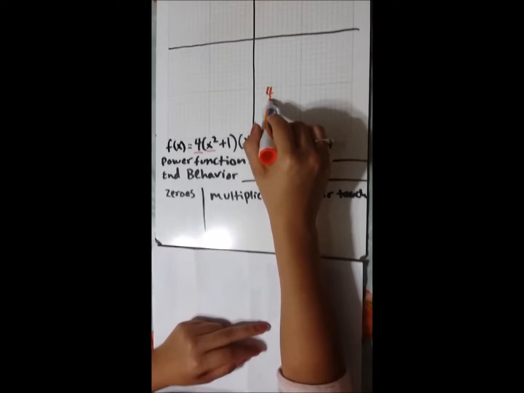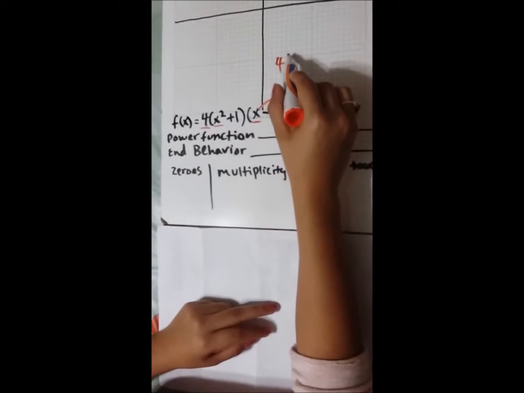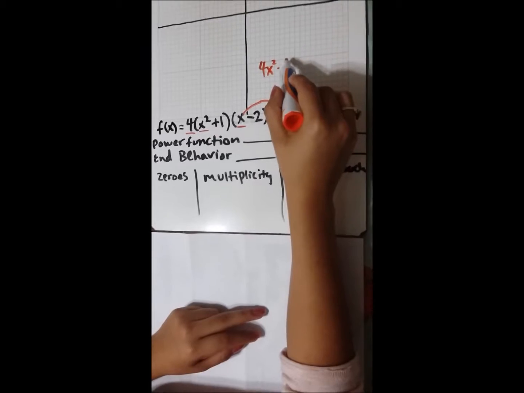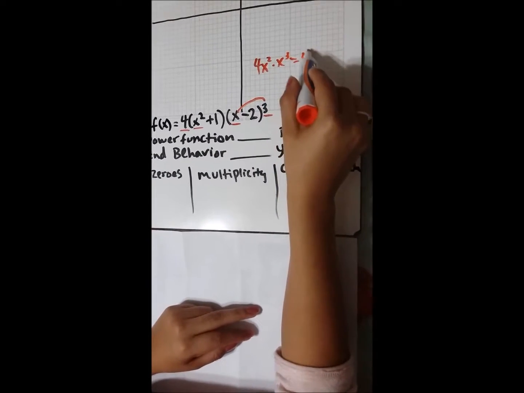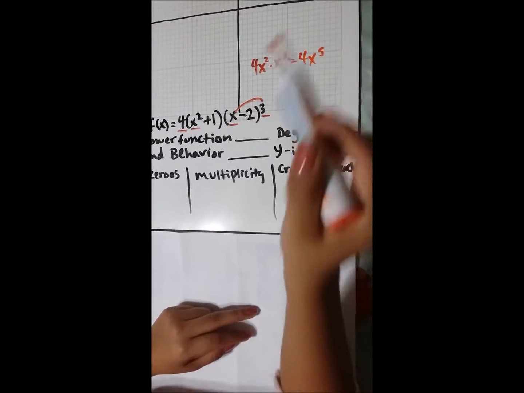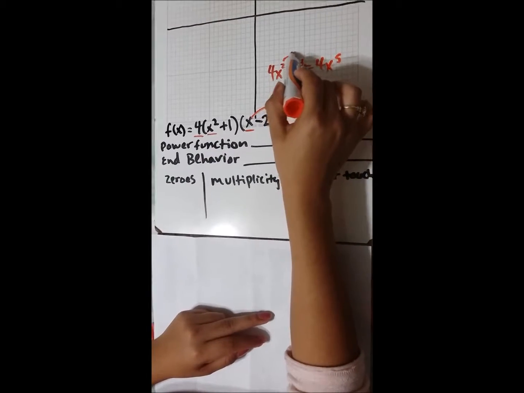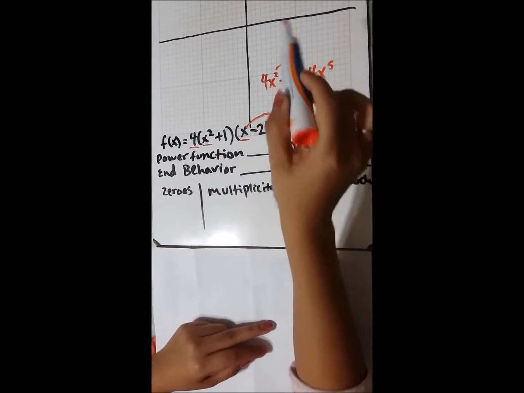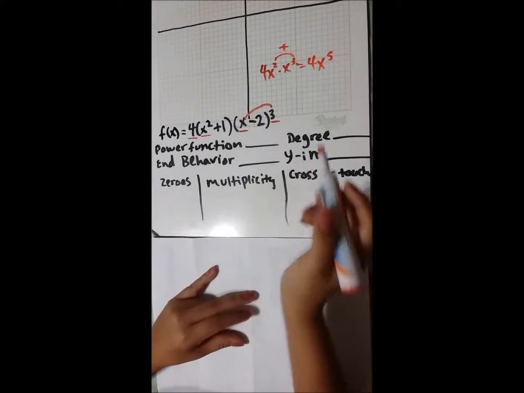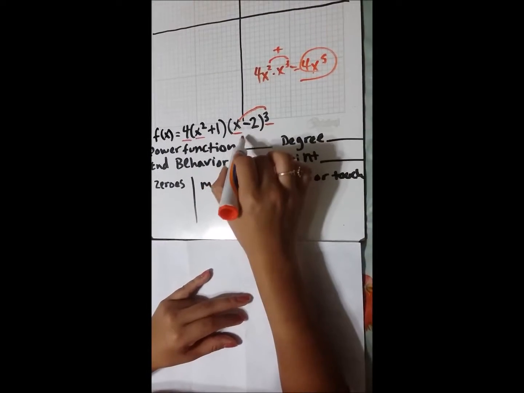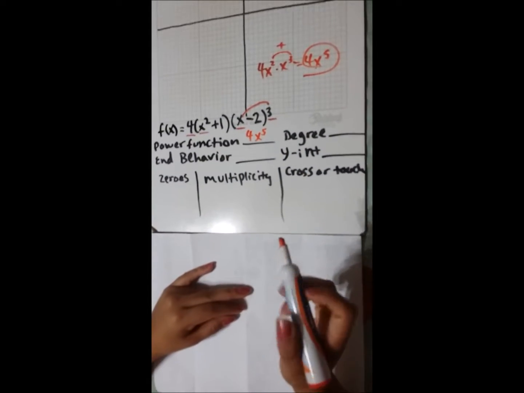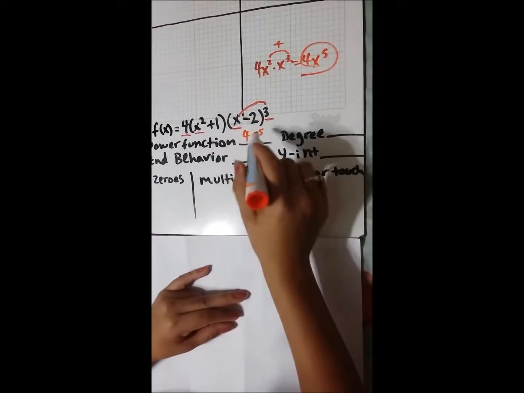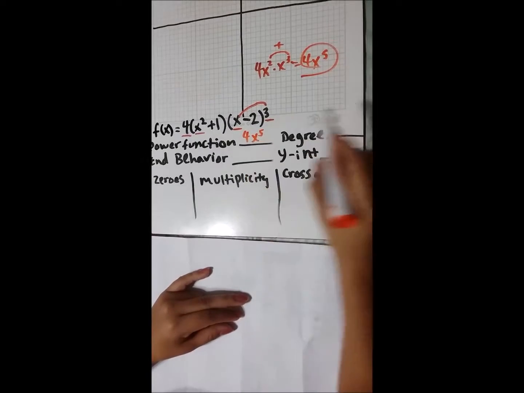So it's going to be 4x squared times x cubed, which ends up being 4x to the fifth, because whenever exponents are being multiplied, you add. So that is our power function, 4x to the fifth. Now our degree is going to be the exponent in the power function, which is 5.